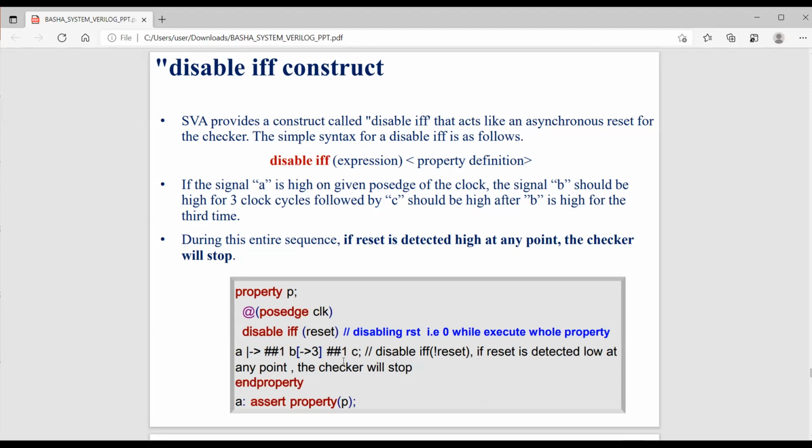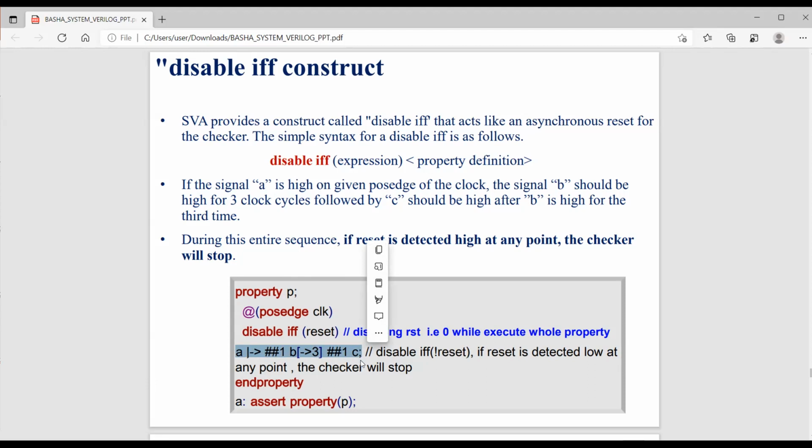See, disable iff reset is high means when your reset is high, you are disabling it. While executing this entire expression, if at any evaluation time your reset goes from 0 to 1, this property will fail, meaning it will stop.